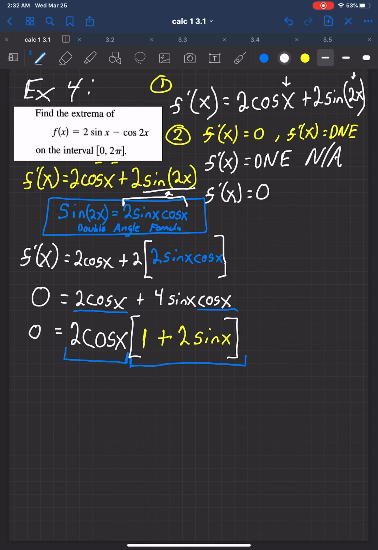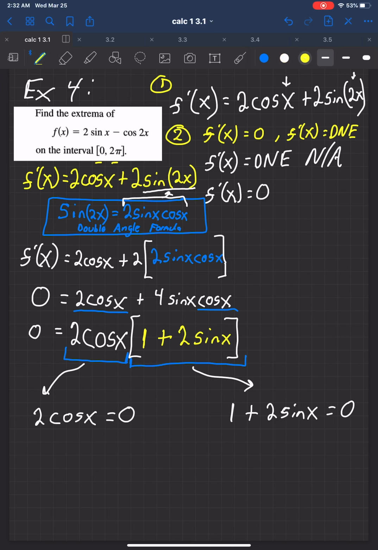Let's start with the first piece: 2 cosine of x equals 0. Let's figure that out, and then when we're done there, let's figure out how 1 plus 2 sine of x would equal 0. Again, you can divide both sides by 2.